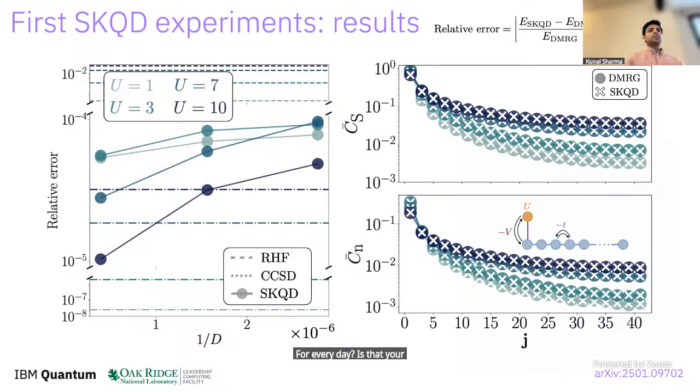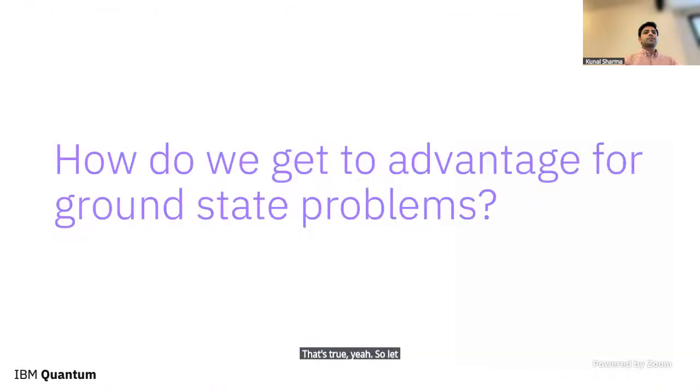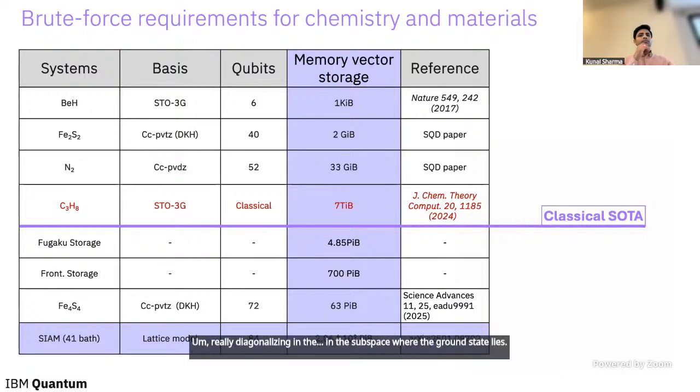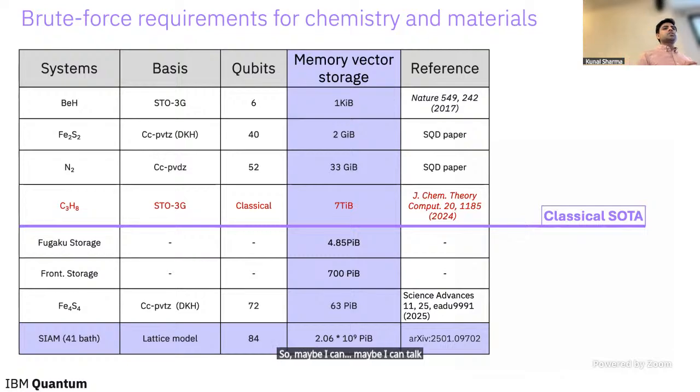Yeah. So let me jump here. This is the size of the Hilbert space if you were really diagonalizing in the subspace where the ground state lies. So maybe I can talk about this slide first. Let's say I look at some electron problem or impurity model problem, I can restrict myself to some symmetric subspace.